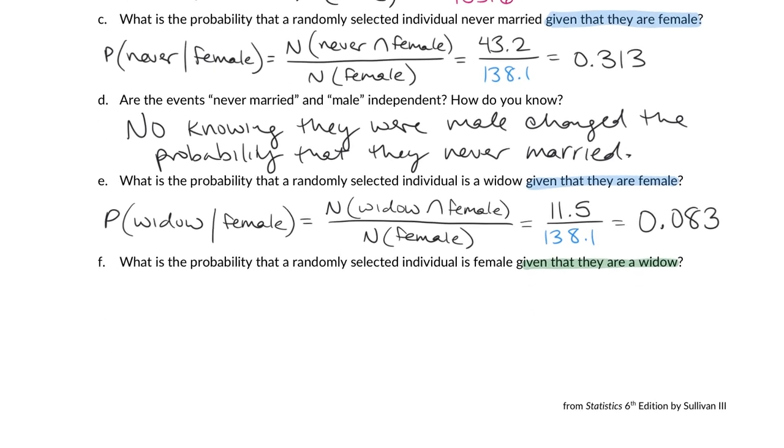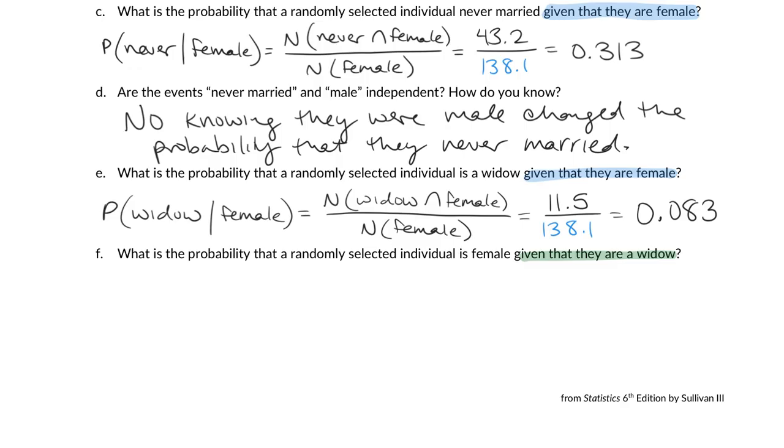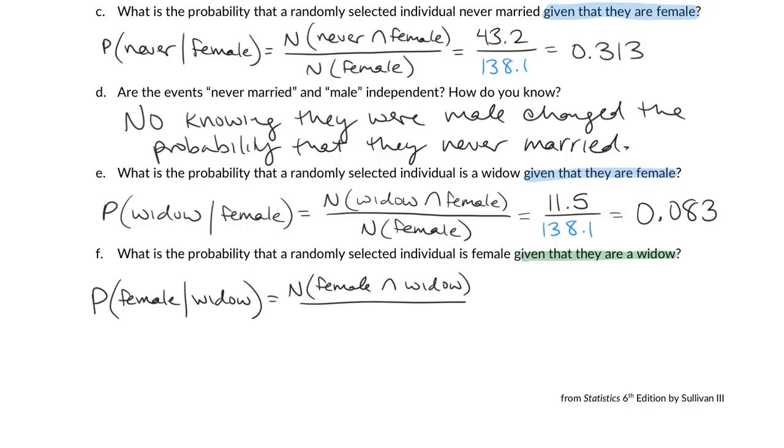So as I go to write down this formula, sort of, the formulas would change. We want to make sure we're doing this order correctly. So the female given widow is how you would write this. The overlap is still the same because the overlap between widow and female and widow are literally the same location on this table.